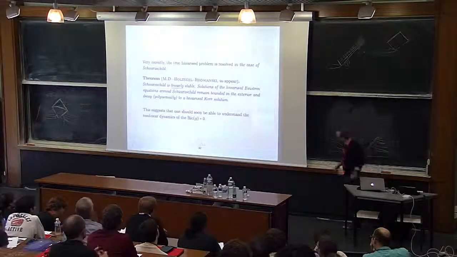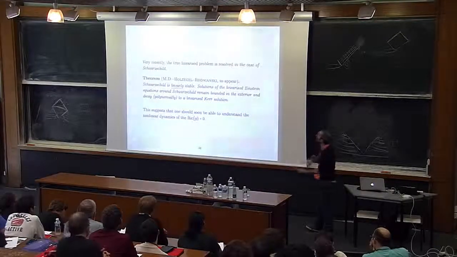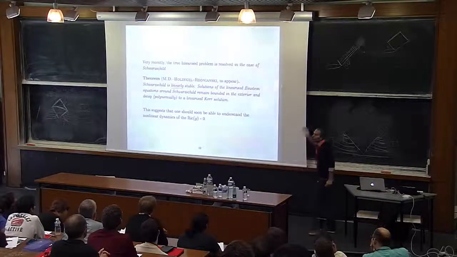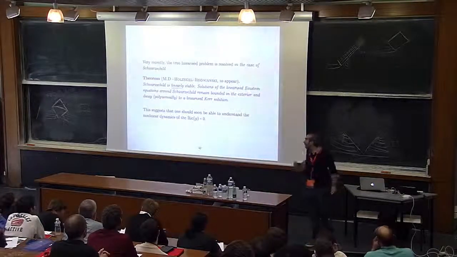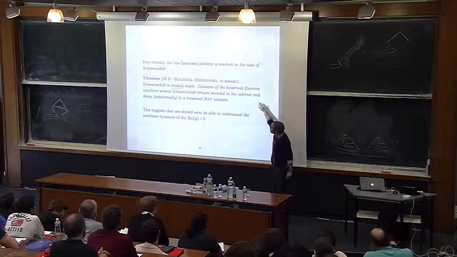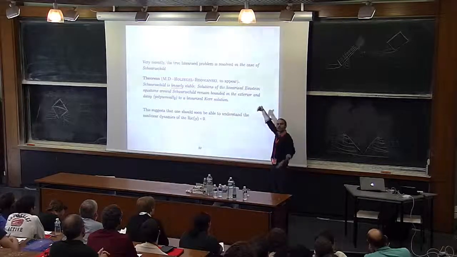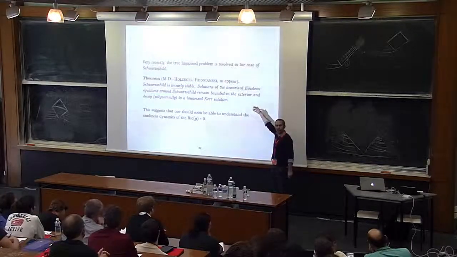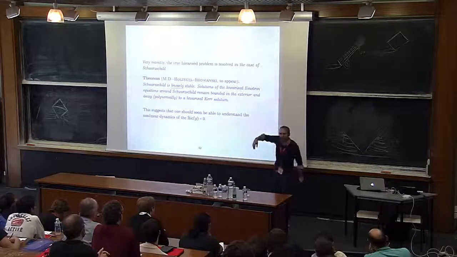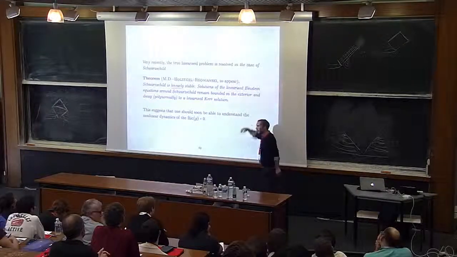Also very recently, the true linearized problem has been resolved. This is a theorem which will appear shortly, but only in the Schwarzschild case. Okay. So what we prove is that Schwarzschild is indeed linearly stable, that's to say, solutions of the linearized Einstein equations, not this poor man's scalar wave equation, remain bounded in the exterior.